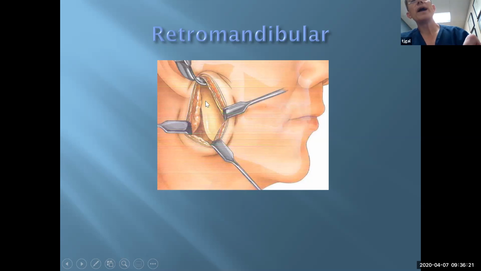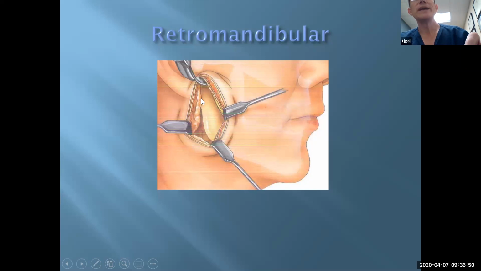This gives you higher access, but I still don't feel comfortable knowing what I know about the facial nerve and how it's coming out right here, that this is out of the way. This incision, again, if you've already taken control of the facial nerve, and this is just completely my bias, I'll make a bigger incision this way. That way I know I've got the facial nerve complex out of the way.